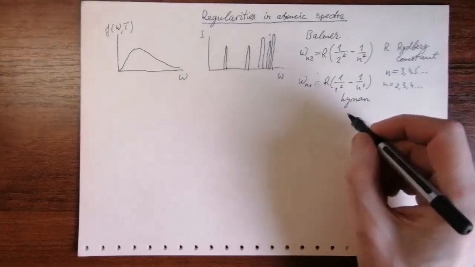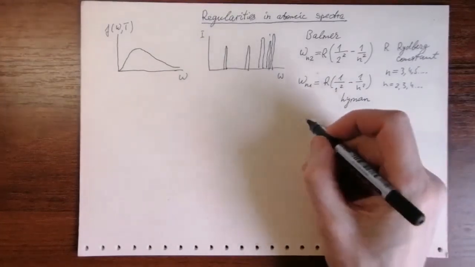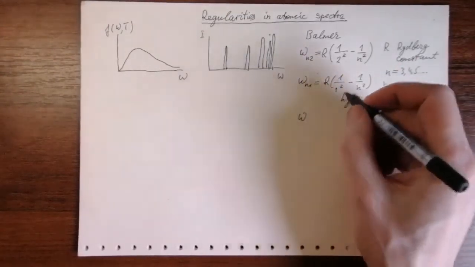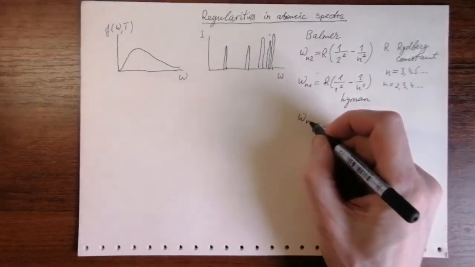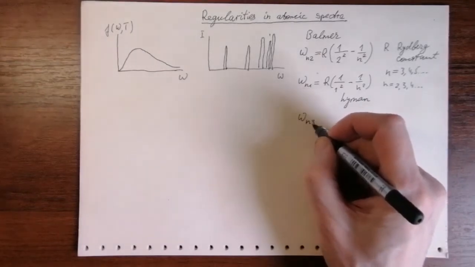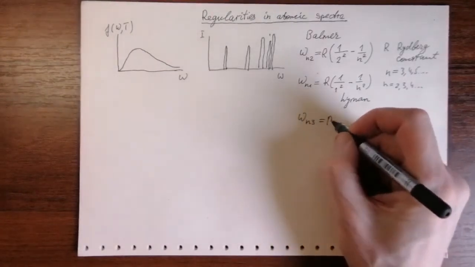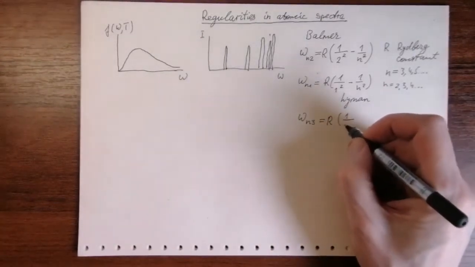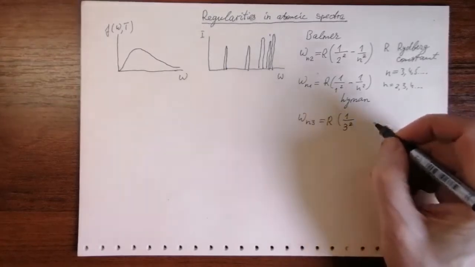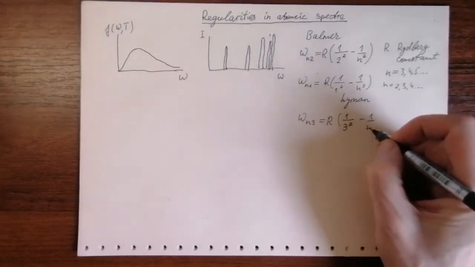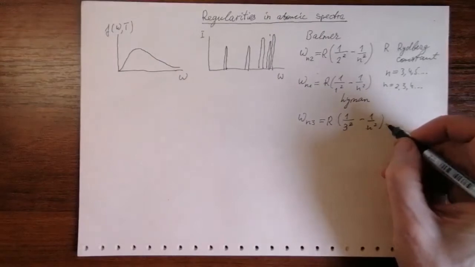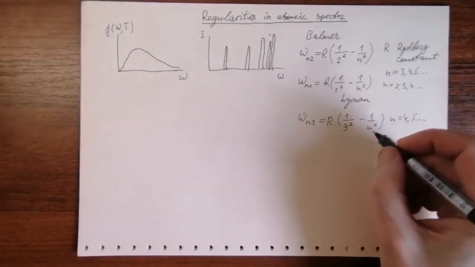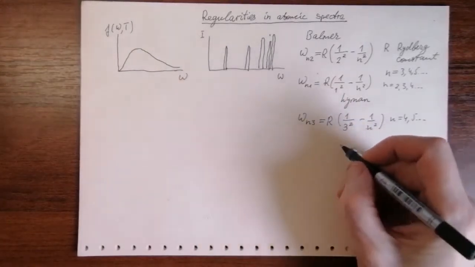Next, in the infrared part of the spectrum, it was found that a formula similar to these formulas represents all the lines which are observed, and it is 1 over 3 squared minus 1 over n squared, where n starts from 4. This series was called by the name of Paschen.